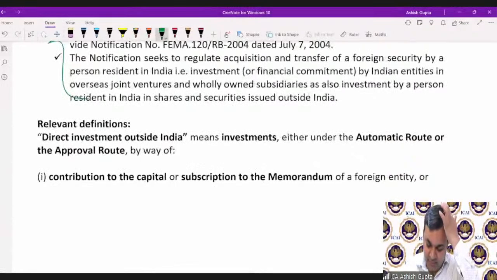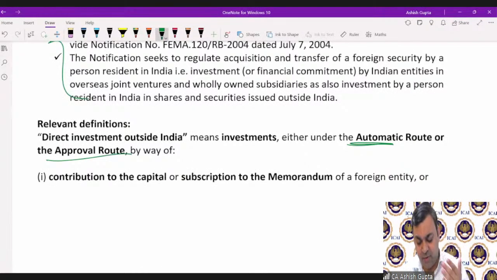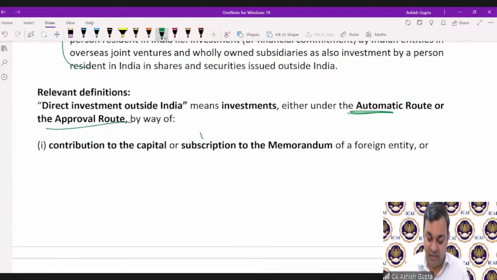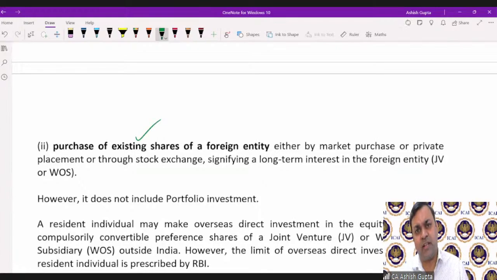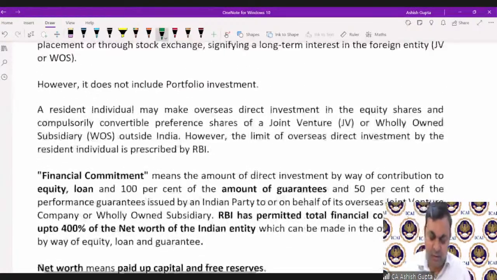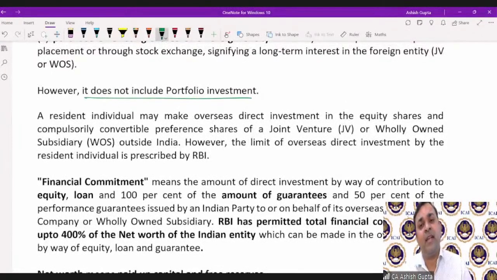Now, ODI means either automatic route or approval route, by way of contribution to capital of a fresh company or an existing company. In the case of an existing company, you can take the shares, but it does not include portfolio investment, because the reason we invest in portfolio investment is to earn from trading of shares.